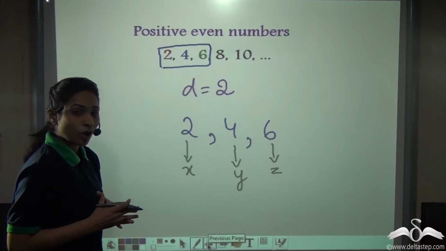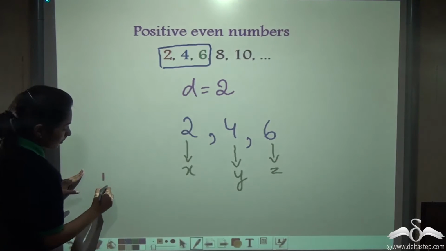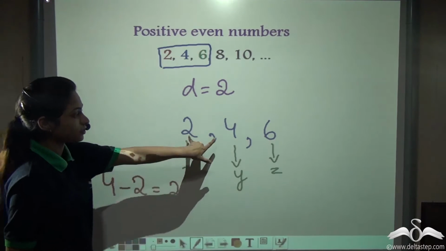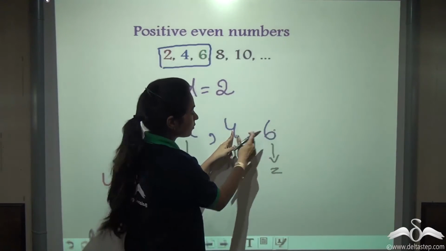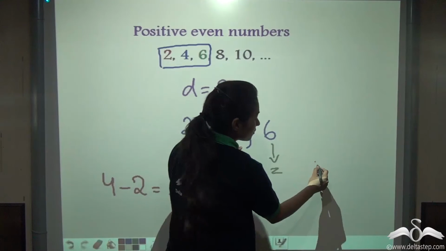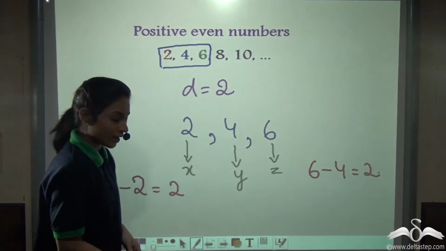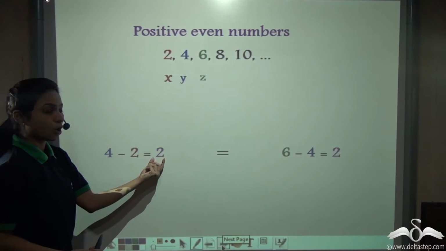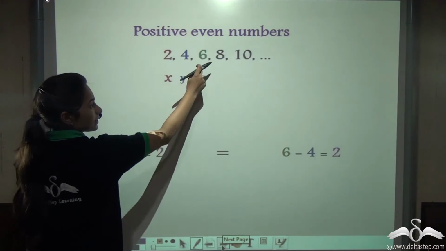Now, how will you find out the common difference? You will subtract 4 minus 2, you get 2. That is the common difference for these 2. Or you can also find the common difference by using these 2 consecutive terms. So, 6 minus 4 is also 2, right? So, both give you the same value, that is 2, common difference. Now, we have taken 2 as x, 4 as y and 6 as z.